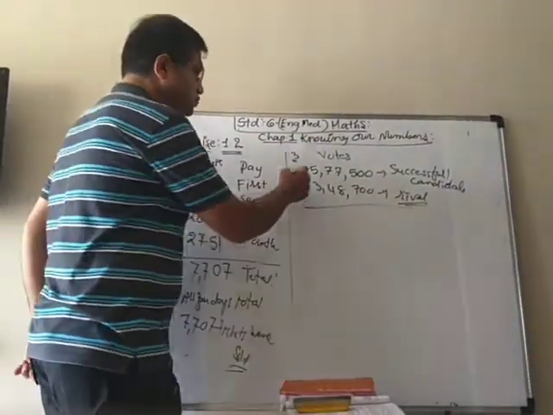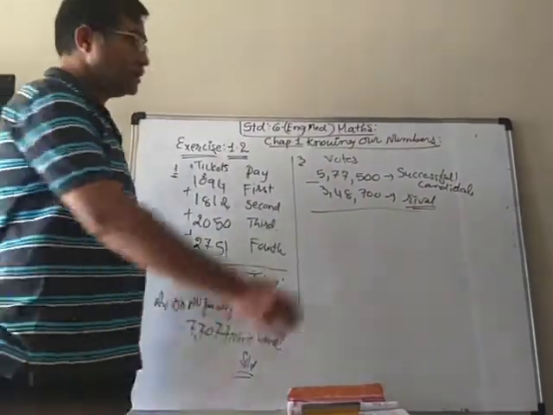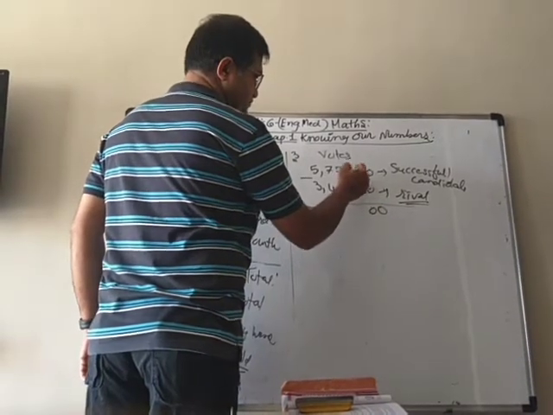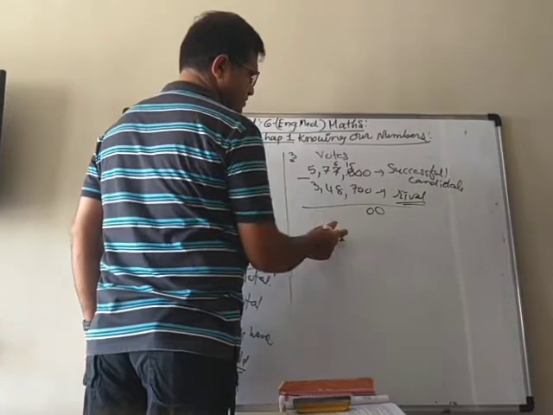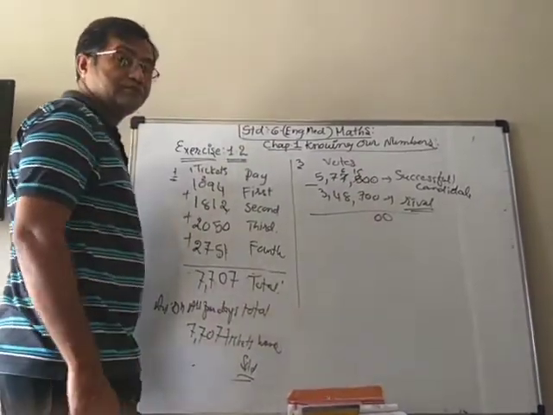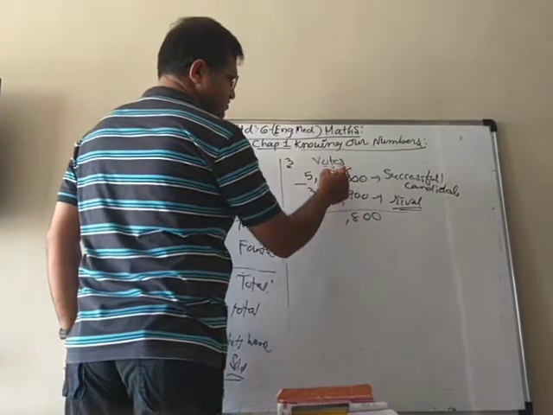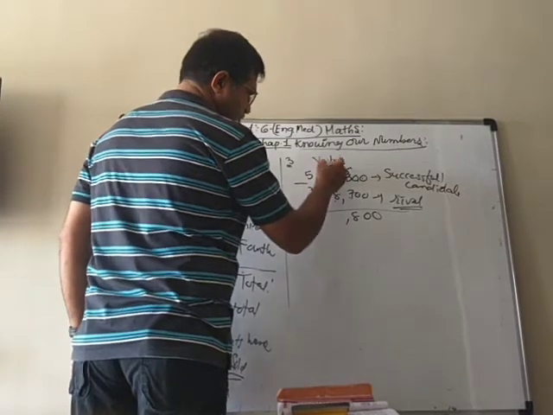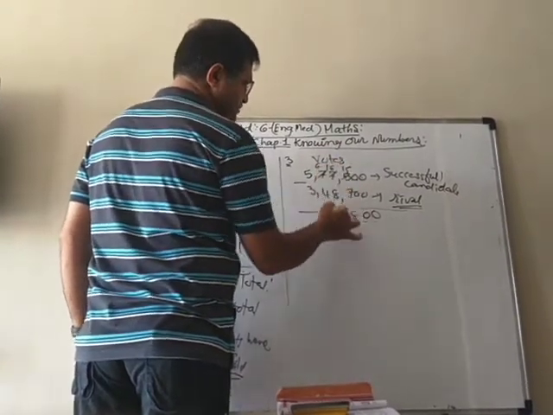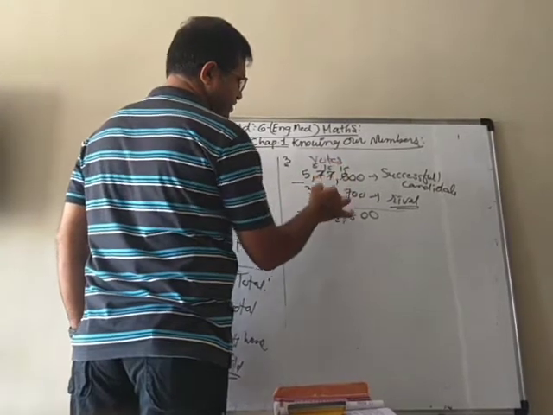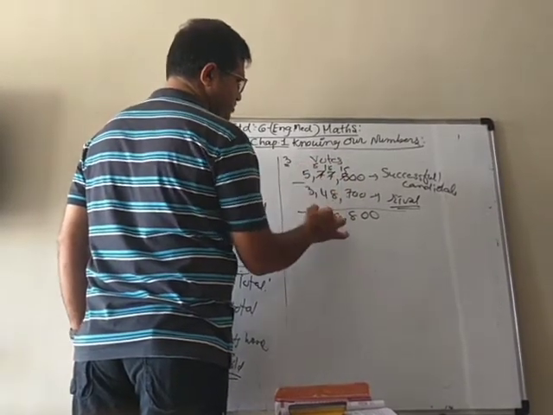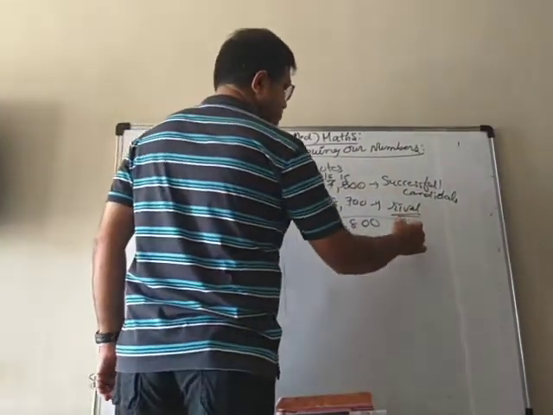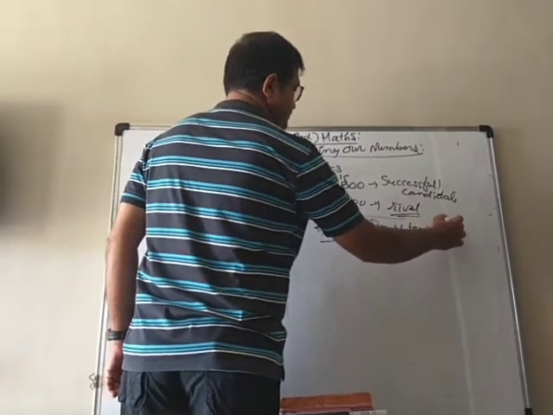So 0, 0, 0, 0 minus 0, 0, here 15, so here it will be 6, 15 minus 7, 8, here 6, again we have to borrow because 6 is smaller, so it will be 16 and here it will be 6. 16 minus 8 is 8, 6 minus 4 is 2, and 5 minus 3 is 2. Right? So that many votes was the margin.